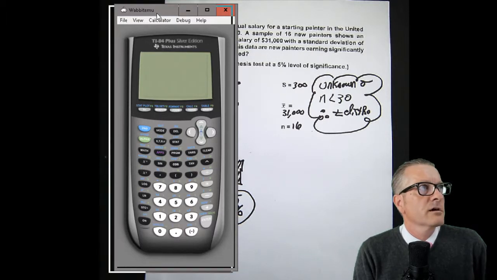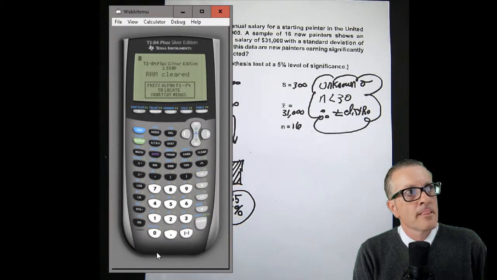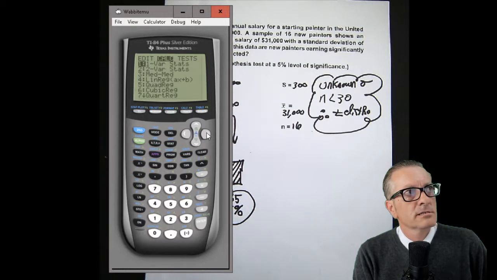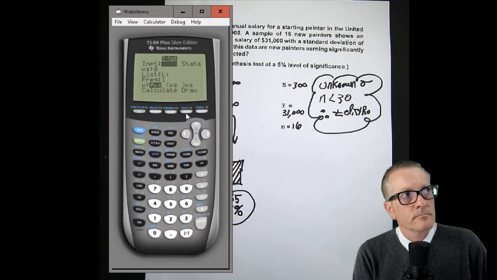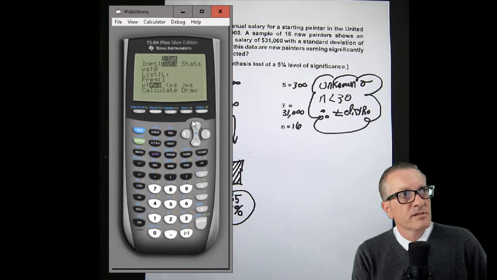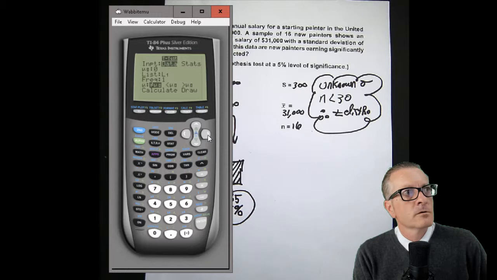Okay, so we pull up our calculator, turn it on. We're going to go to Stat, then over 2 clicks to T-Test. Hit enter. Very similar to the z-test, except it's for the t-distribution.